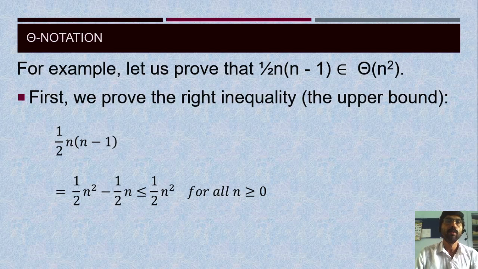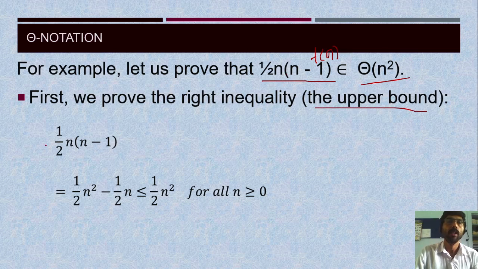Now I have to prove that. Our expression has a function, half n into n minus 1. I have to prove that this T of n belongs to theta of n square. To prove that, first I will take the upper bound of that equation.